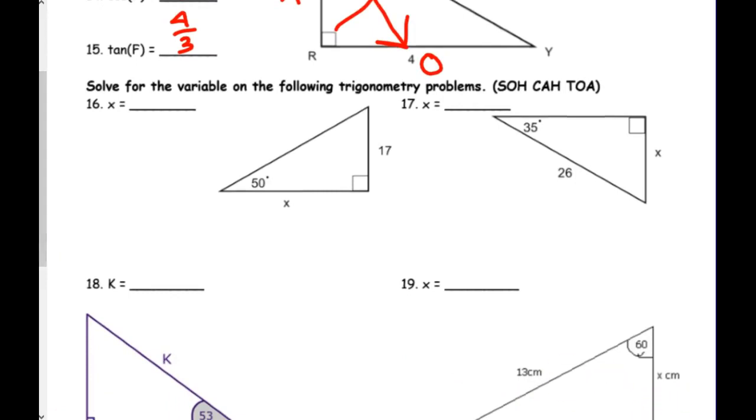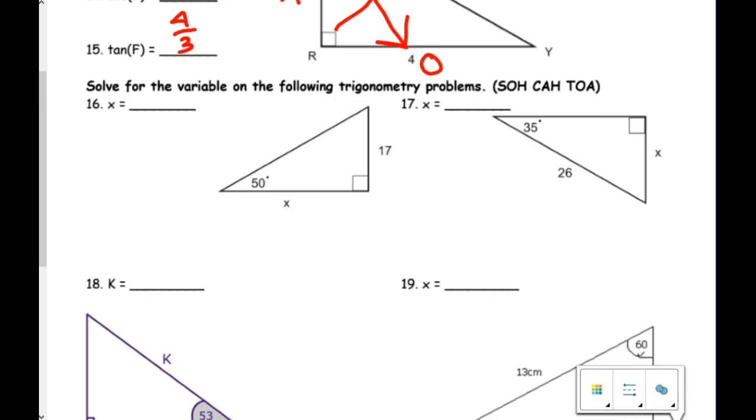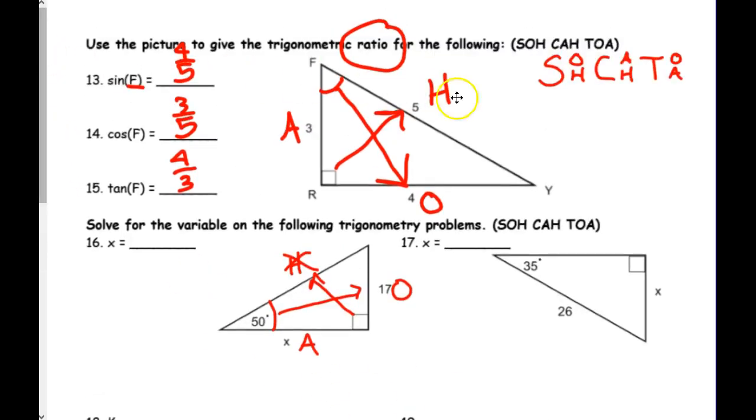We need the right width. So again, from your theta, label OHA. And we cross out the one we don't need. And let's bring this down. Actually, let's just clone that.